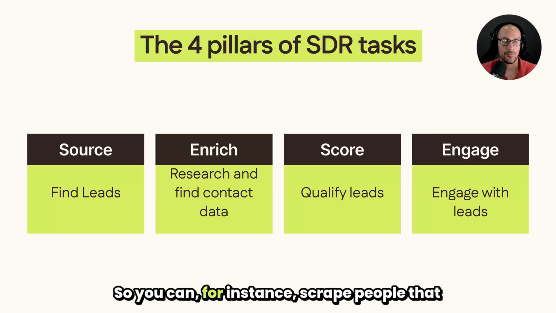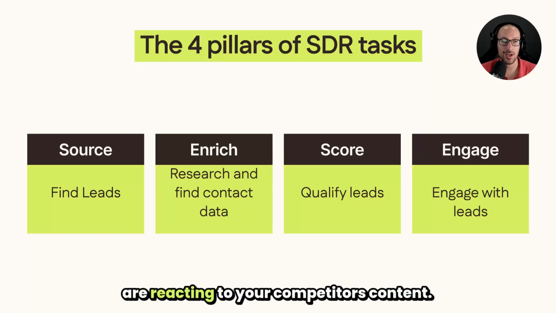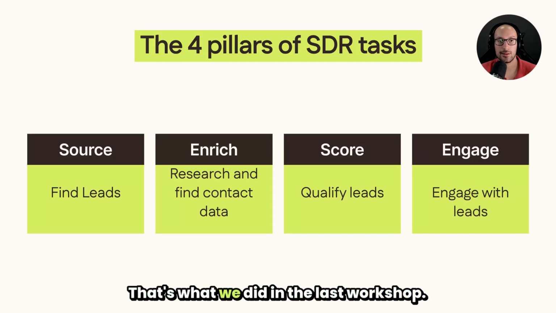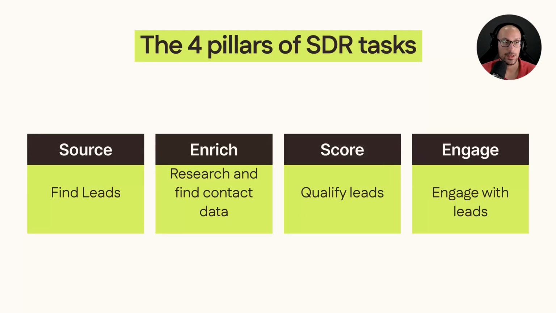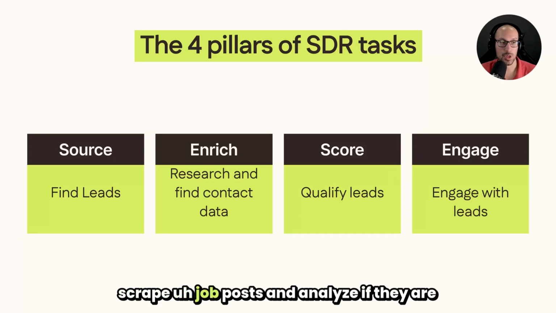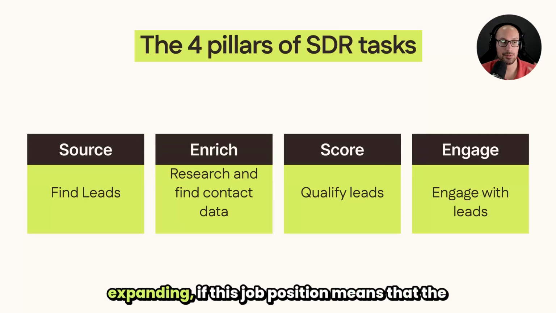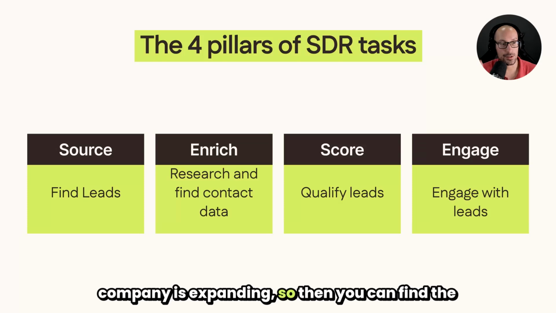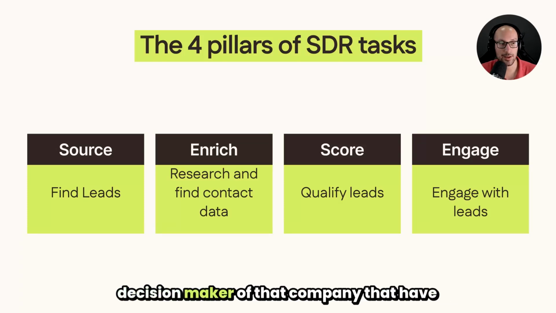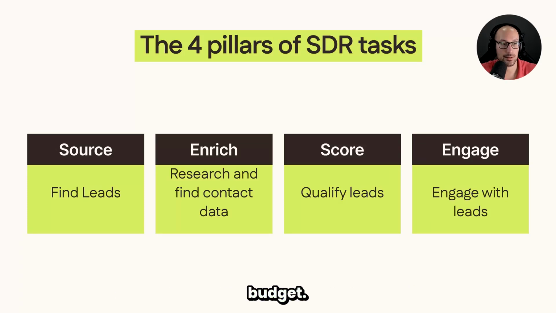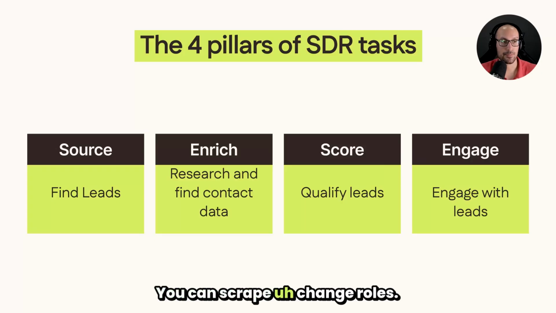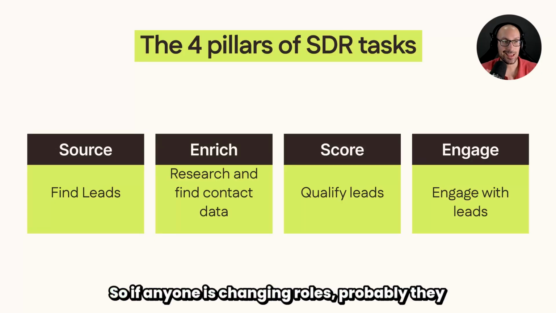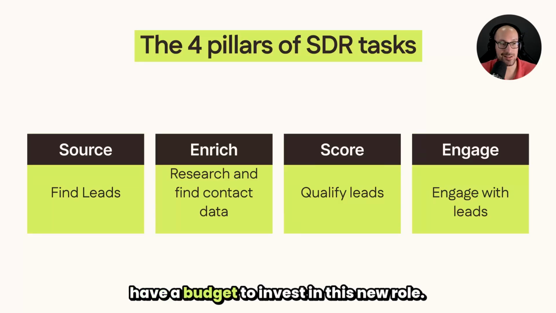You can, for instance, scrape people that are reacting to your competitors' content. That's what we did in the last workshop. You can scrape job posts and analyze whether this job position means the company is expanding, so then you can find the decision maker of that company who has budget. You can scrape role changes, because if anyone is changing roles, they probably have a budget to invest in the new role.